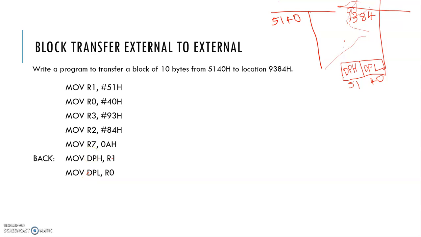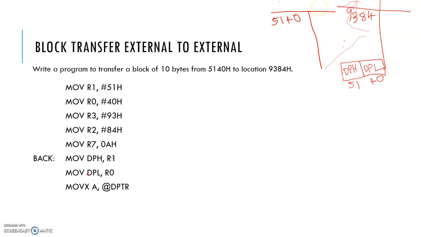We need to take the first data and move it to the accumulator register. Here we use the MOVX instruction, since we are taking data from the external RAM. So now the data pointed by the DPTR, that is the location 5140, is moved to the accumulator register.